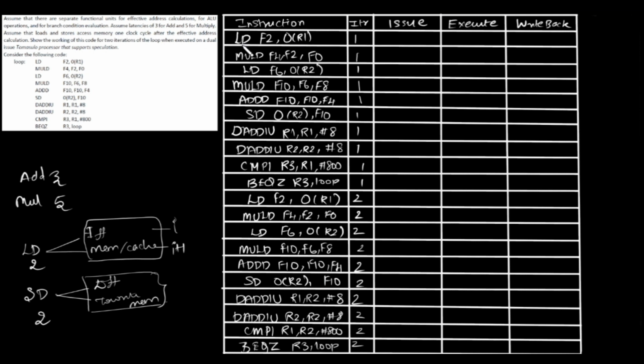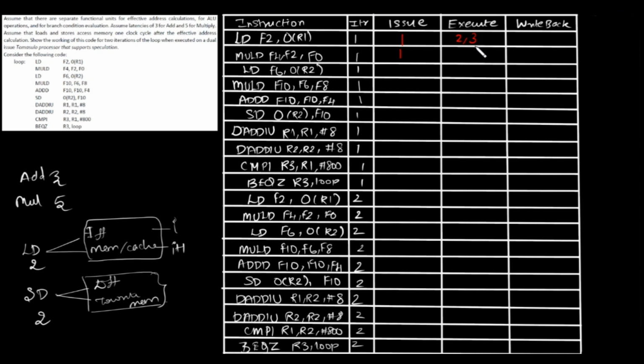On the first clock cycle we'll issue the load instruction. Since it's a dual issue, we'll issue both the load and the multiplication instruction in the same clock cycle. Load will perform an effective address calculation and then a memory operation, so it will take 2 clock cycles, 2 and 3.